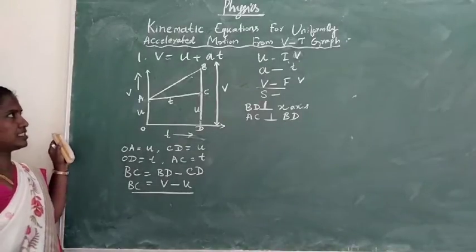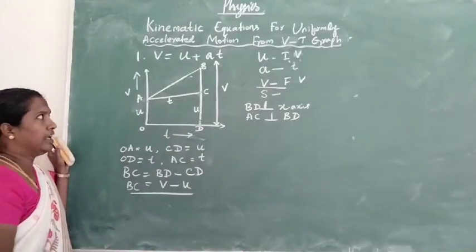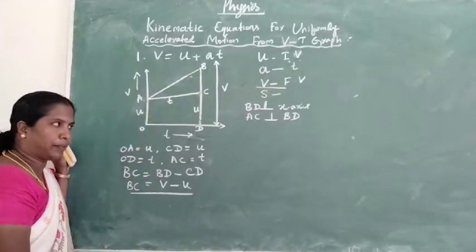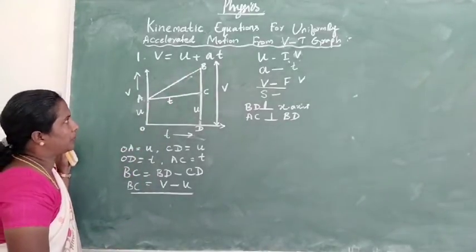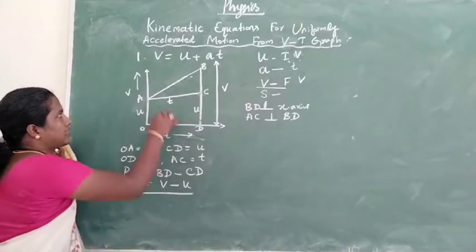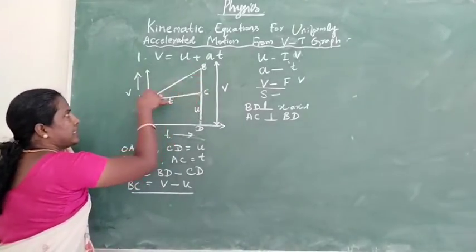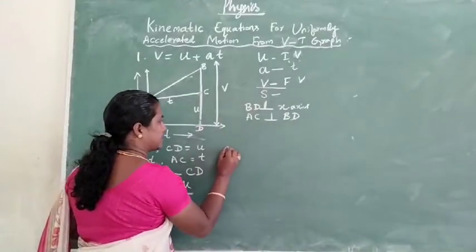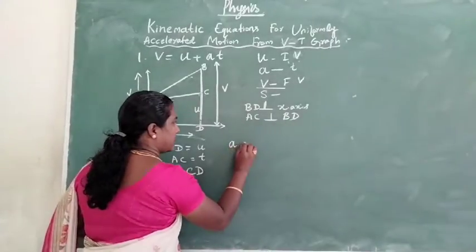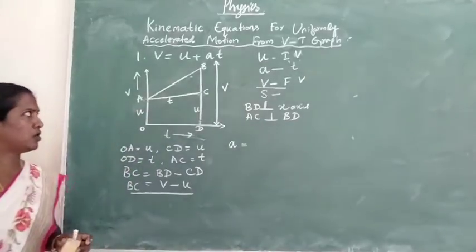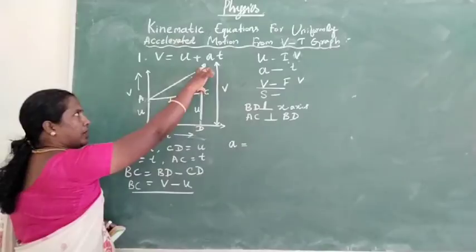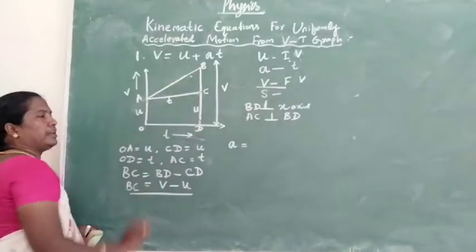What is the significance of the velocity time graph? We know that the slope of the graph represents the acceleration of a particle. So which is the slope in this figure? ABC is the slope, and this represents acceleration. How to measure the slope, I told in the last class: the ratio of the y-axis to the x-axis.